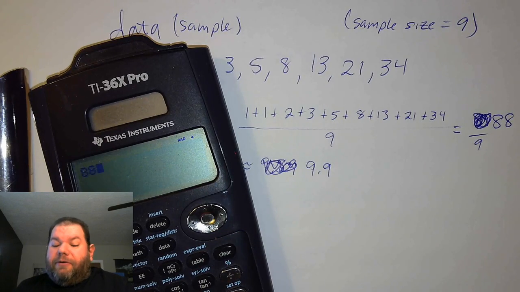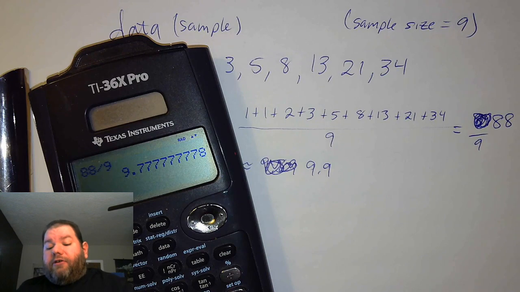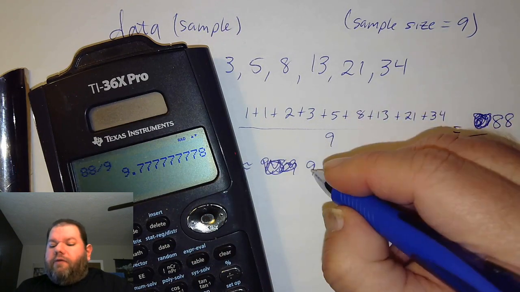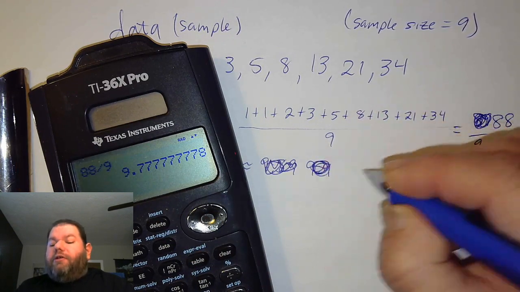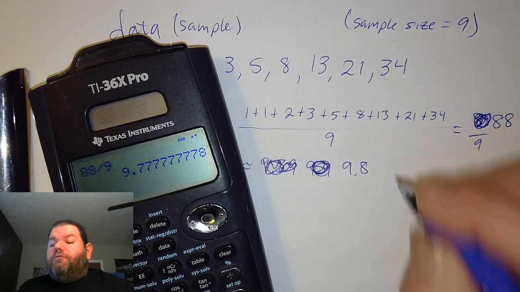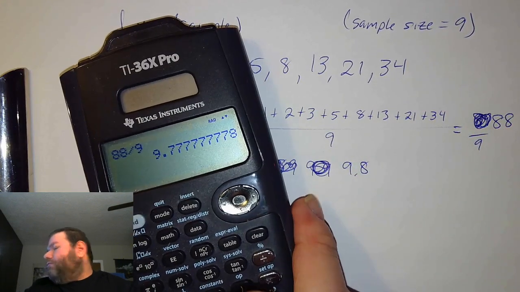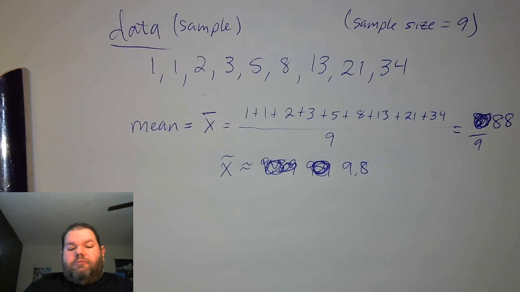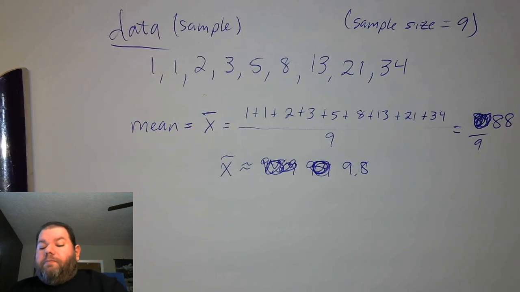Accuracy is also important, it turns out. So that'll be 9.8 then, rather than 9.9. Okay, so that would be our sample mean, 9.8 x bar.